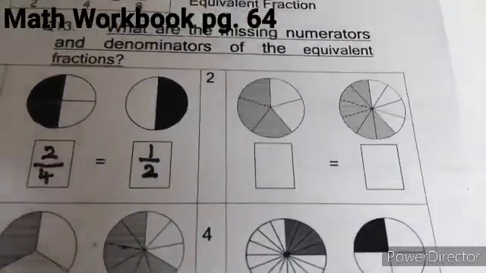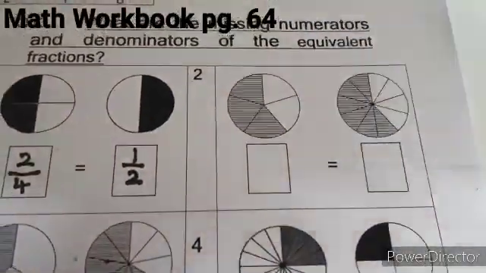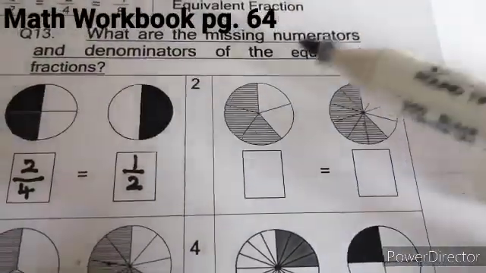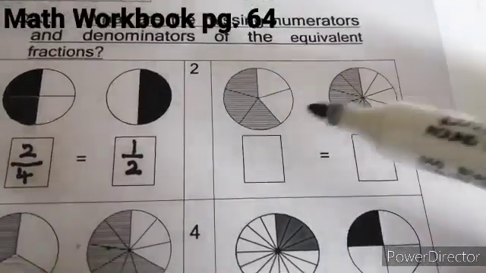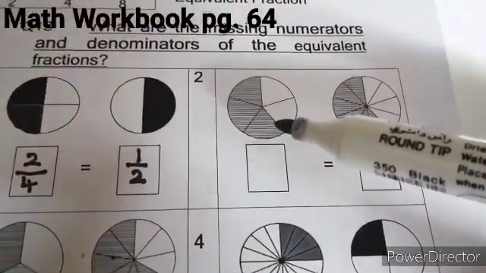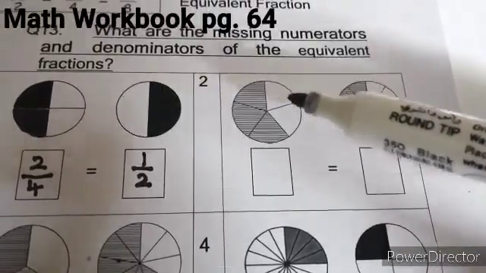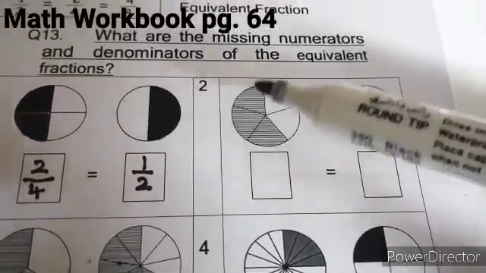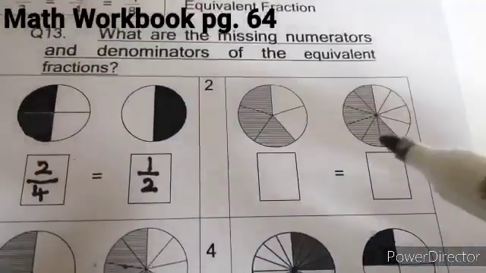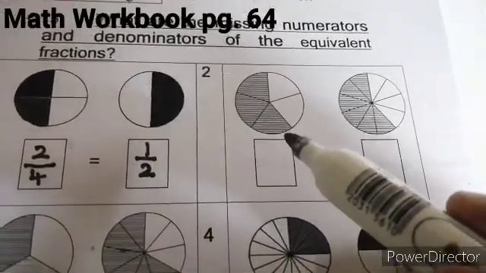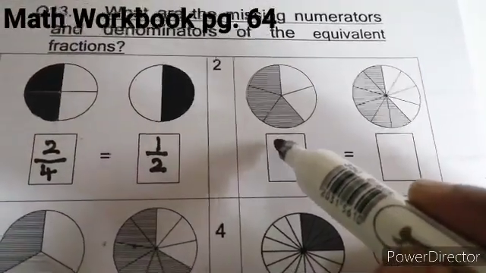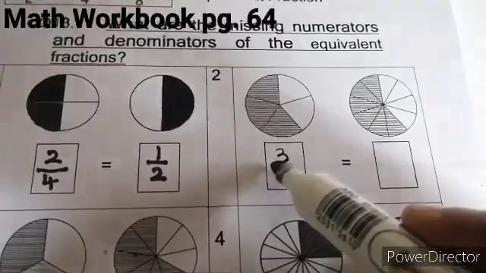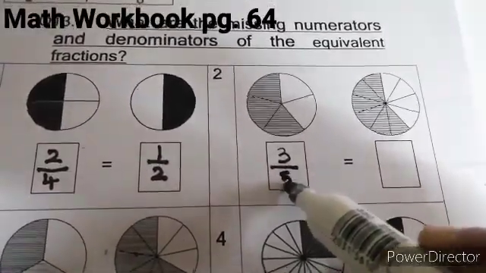Now let's do the second question. See this circle, this is divided into 5 equal parts, 1, 2, 3, 4, 5, and 3 of them are shaded. So the fraction is 3 by 5.